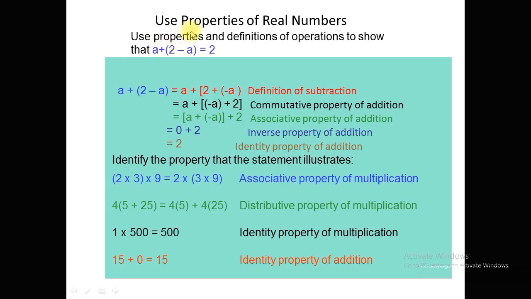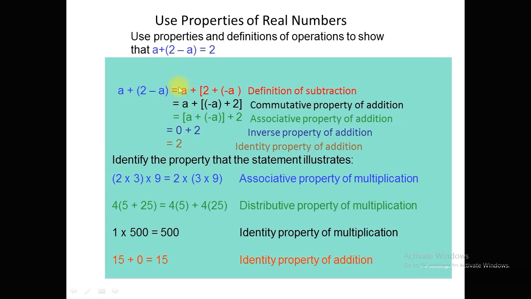Now use properties of real numbers. Use property and definition of operation to show that a plus of 2 minus a is equal to 2, where a is any real number. So a plus of 2 minus a can be written as a plus 2 plus minus a. This is the definition of subtraction.